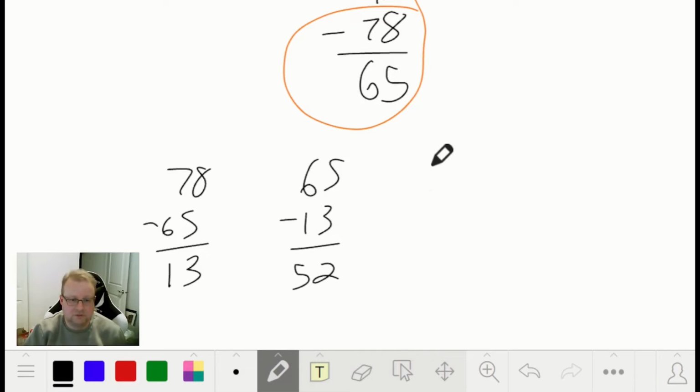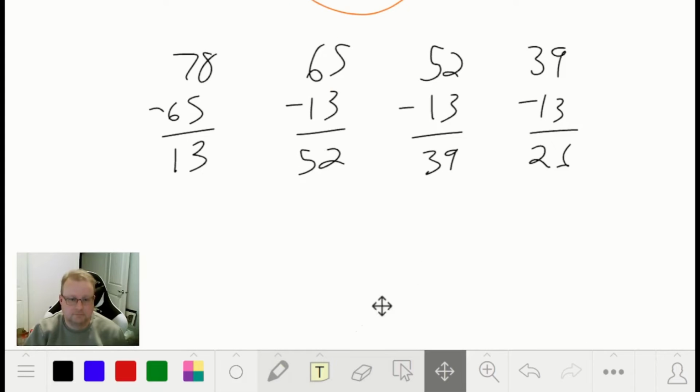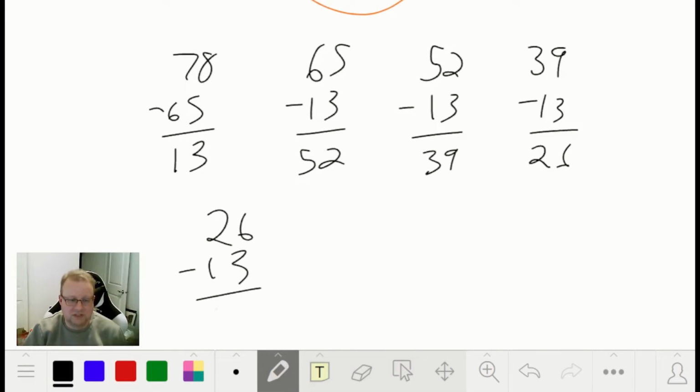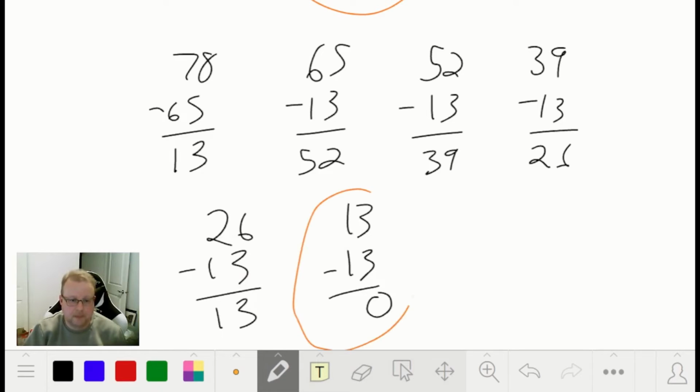65 minus 13 is 52. 52 minus 13 is 39. 39 minus 13 is 26. 26 minus 13 is 13. And 13 minus 13 is 0. Here is where we stop.